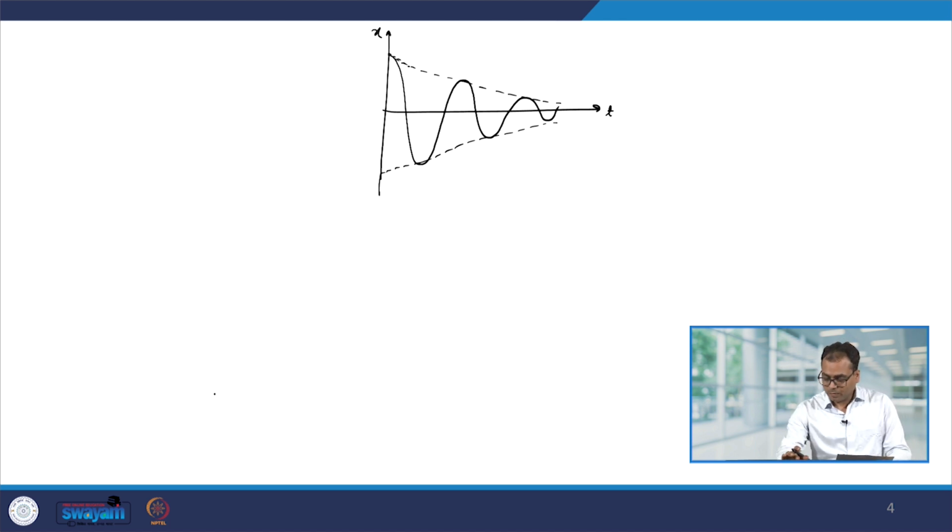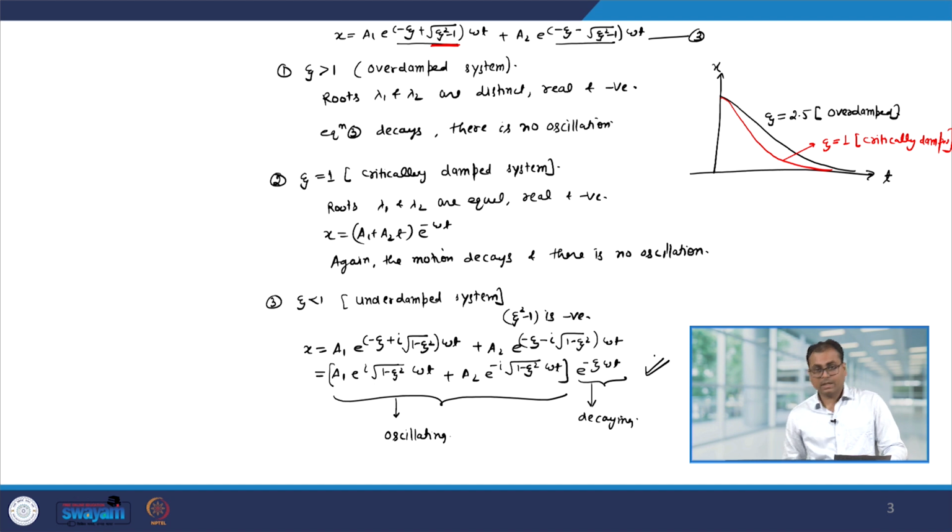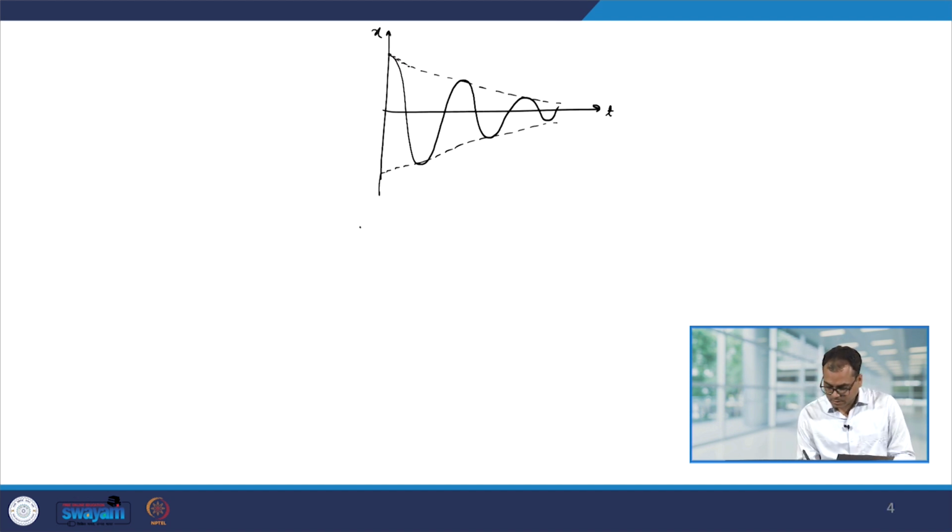Okay. Now, this same solution I can rewrite in different form. So, the x can also be written as c sine omega square root 1 minus zeta square t plus phi into e to the power minus zeta omega t.